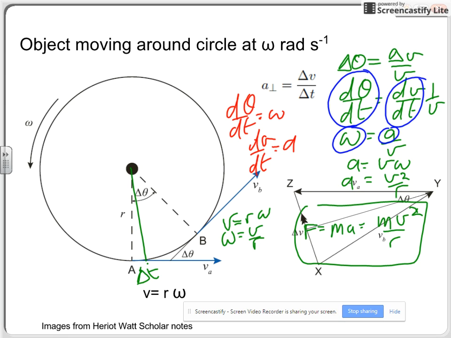Put them in together, replace v with the omega term, and you end up with your equation. It's not one that you need for Advanced Higher, but that just takes you through. The key thing is that you've got this central acceleration. Things tend to accelerate in towards the center of the circle, and the reason they accelerate is because you've got that central force which causes that acceleration in that direction.